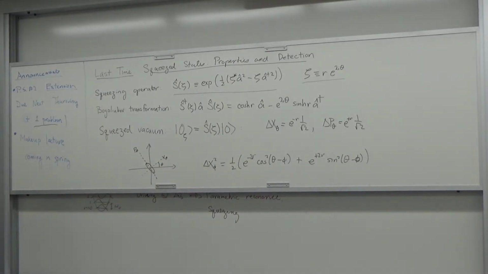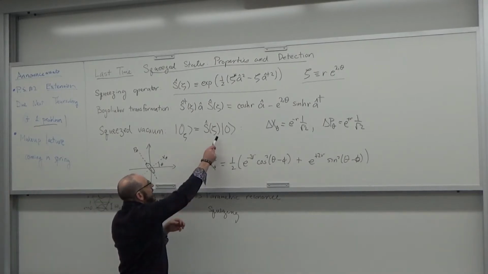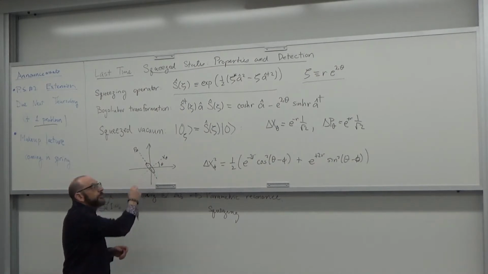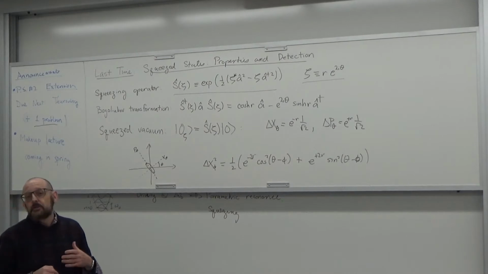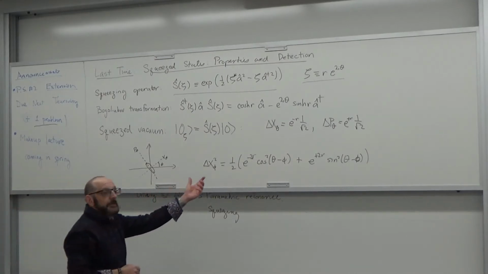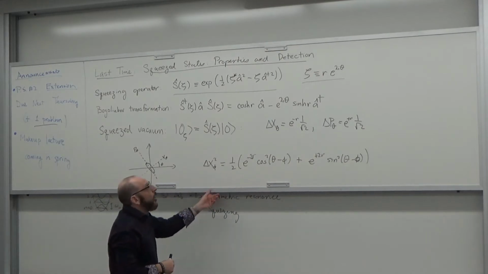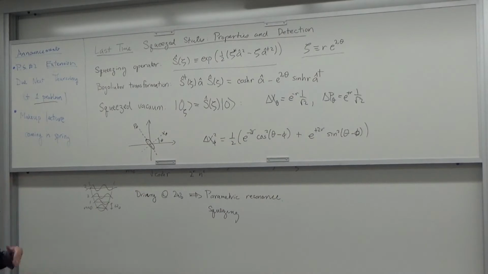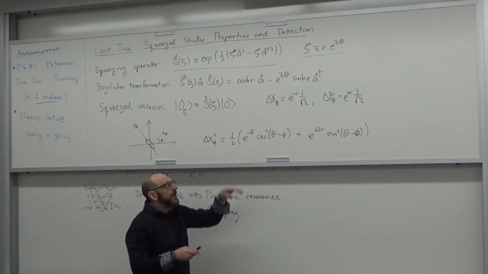And as we said, when applied to the vacuum, we get what we call squeezed vacuum, which has reduced fluctuations relative to the vacuum noise by an amount exponential in this parameter r. And if we were to look at the fluctuations along any other quadrature, we have this phase-dependent noise.